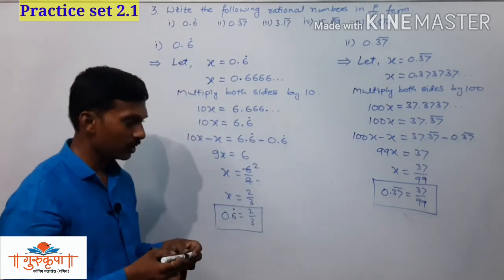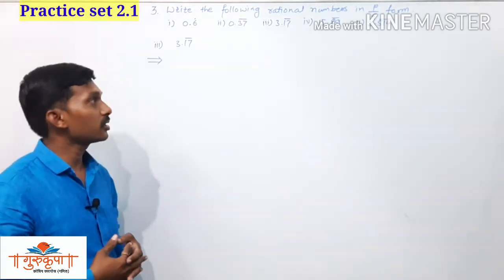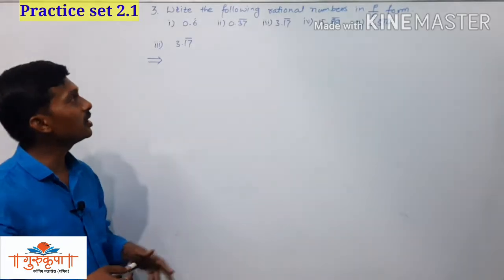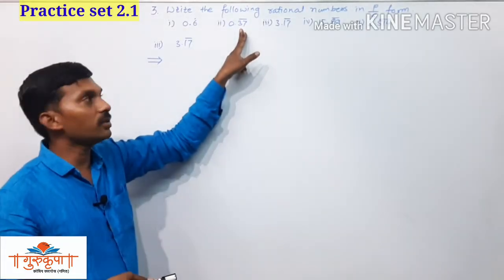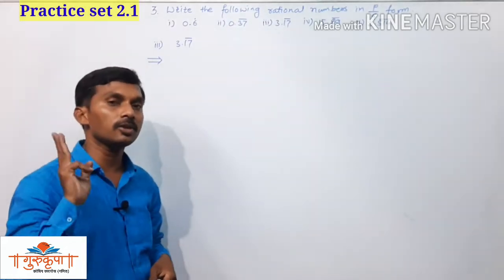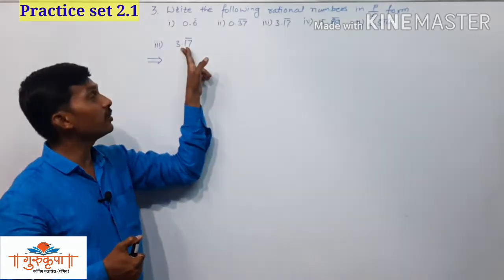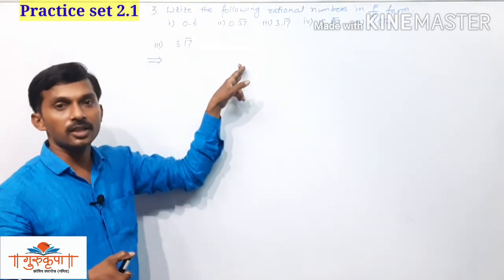Now we will study the third example. Actually it is not necessary to explain the answer, since we already explained if 2 digits recur, then how to convert it into P upon Q form, and every time we have 3 steps. In the first step we have to represent the given decimal form by using an unknown variable, that is x.